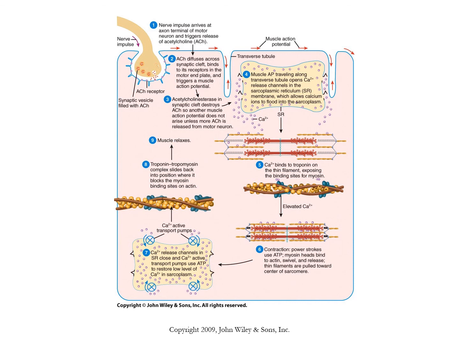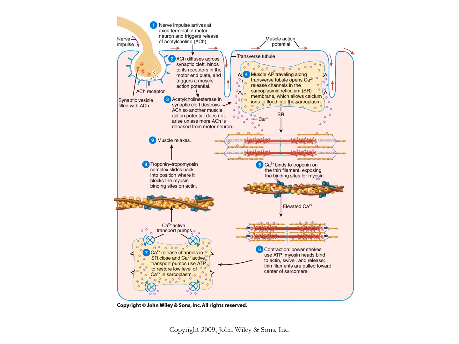So to summarize, in order for muscles to relax, there has to be a reversal or a cessation of all the events that led to muscle contraction. Number 1, relaxation requires no signals along a somatic motor neuron. Number 2, no acetylcholine in the synaptic cleft.